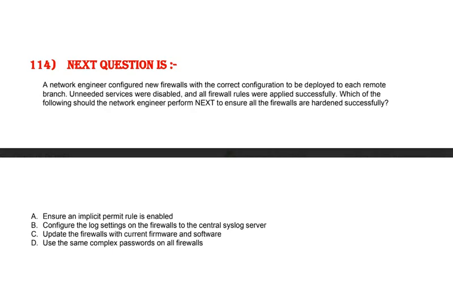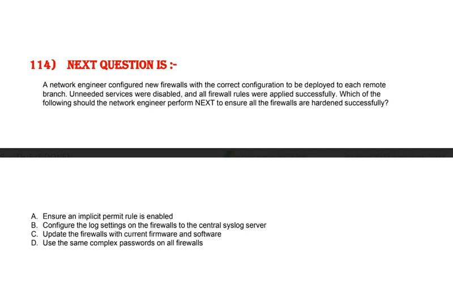Question is, a network engineer configured new firewalls with the correct configuration to be deployed to each remote branch. Unneeded services were disabled and all firewall rules were applied successfully. Which of the following should the network engineer perform next to ensure all the firewalls are hardened successfully?